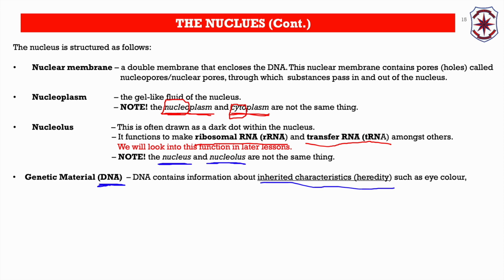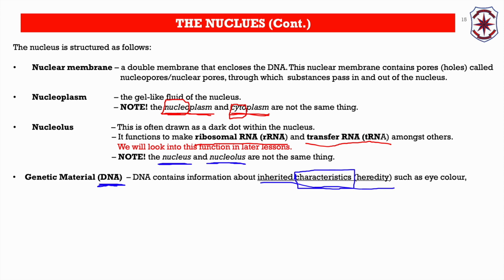So we inherit our DNA from mom and dad. 50% of our DNA is stored in dad's sperm, and 50% of our DNA is stored in mom's ovum. Now, during fertilization, the DNA of mom and the DNA of dad come together to make us. That's why 50% of our characteristics are of mom and 50% of our characteristics are of dad.